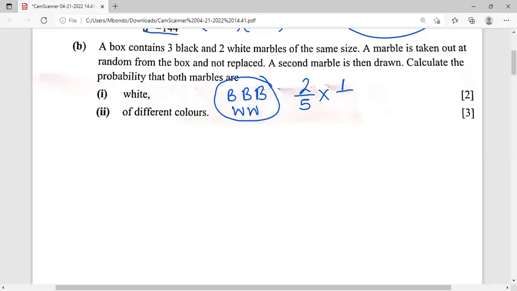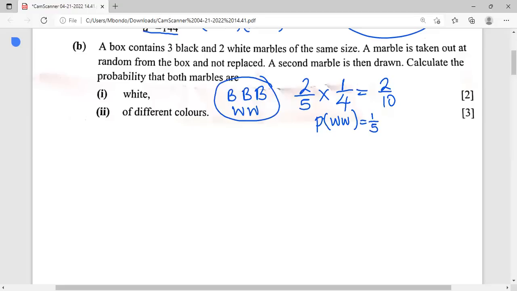The total number reduced from 5 to 4 because the one that was picked here was not replaced. So this is what we're going to have, 2 over 20. So the probability that both marbles are white is finally going to be 1 over 10. You just simplify this one here.